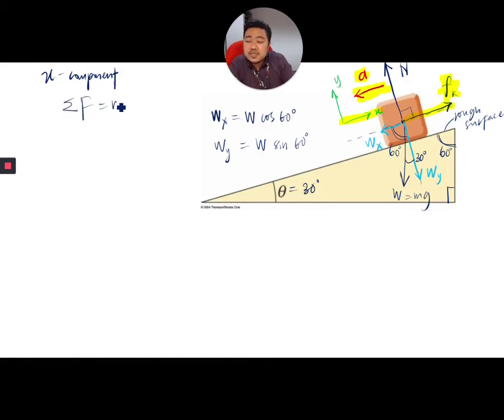Total force is equal to ma, because there is this acceleration for the x component, and then we have to find the summation, or the total force, acting on the x component. We're going to write down wx, and then we also have fk, which is the kinetic friction force.